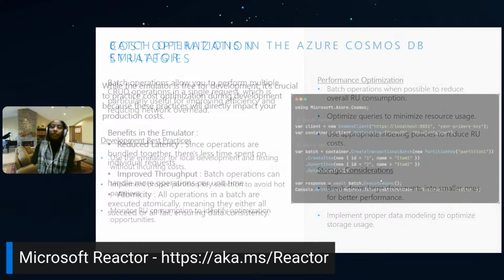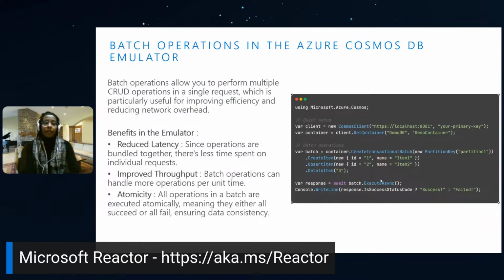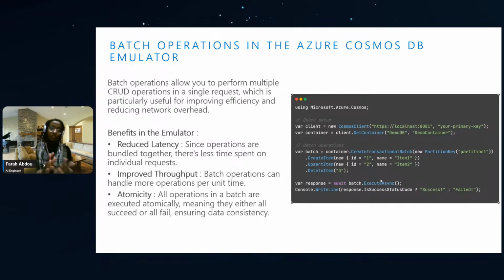This is an example of what we have talked about, the batch operation. The batch operation allows you to perform multiple CRUD operations in a single request. This is more efficient and reduces the network overhead. But if you are a beginner, just keep it simple and go step by step.